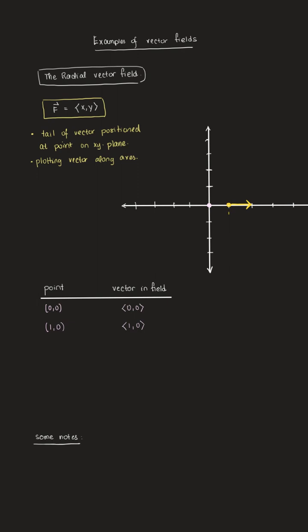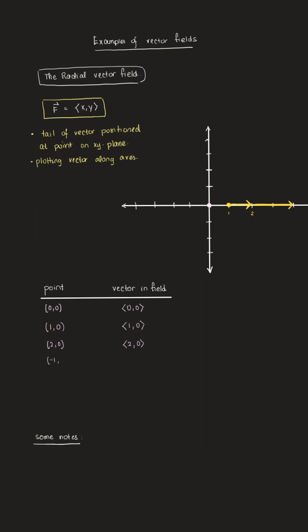If we pick the point 2, 0, this vector is going to start at 2, 0, and it will have components 2, 0. You can see now that the length has doubled. Let's put in a couple of negative points along the x-axis.